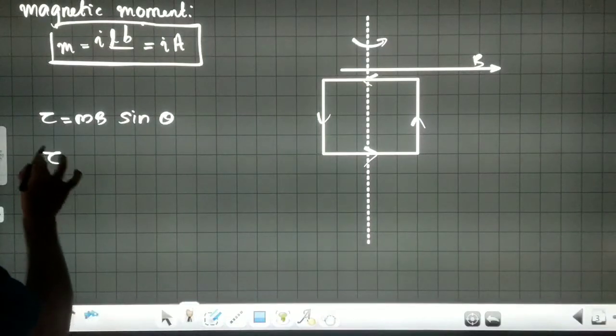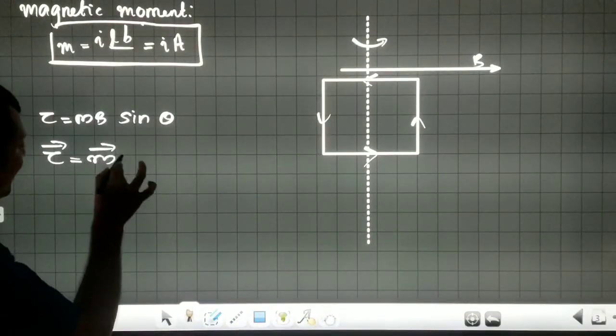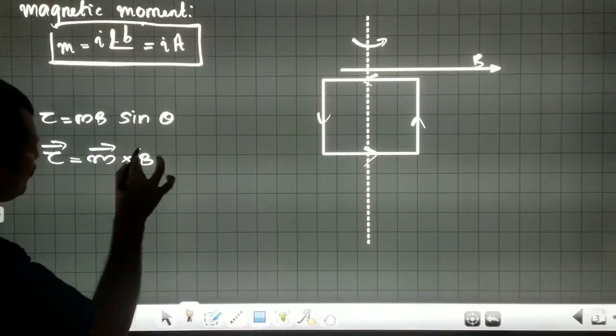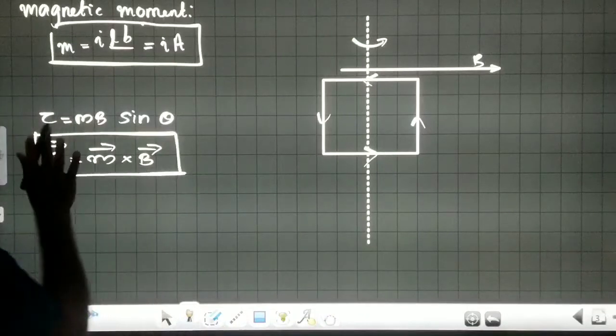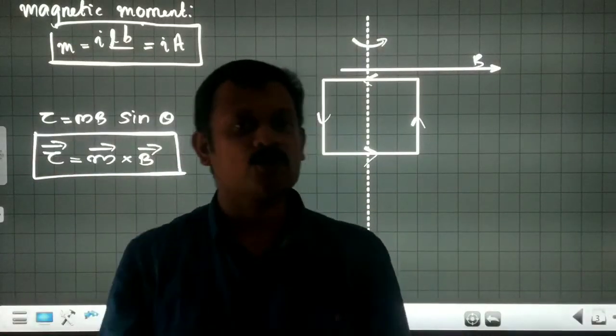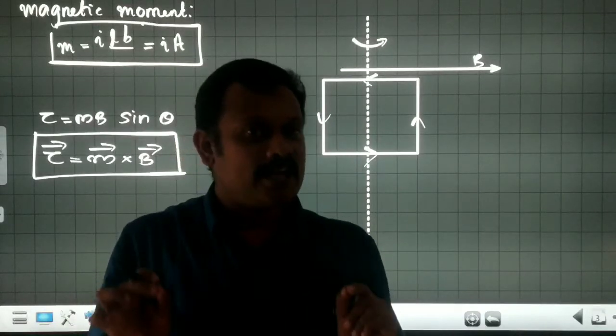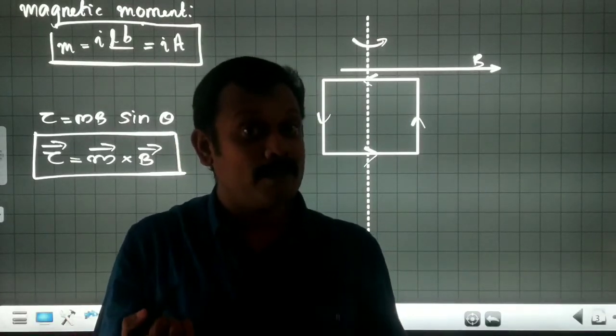So this is the expression for the torque experienced by a current loop in an external uniform magnetic field. You can recollect this formula with what we have learned in electrostatics. There we studied P cross E, where P is the electric dipole moment.